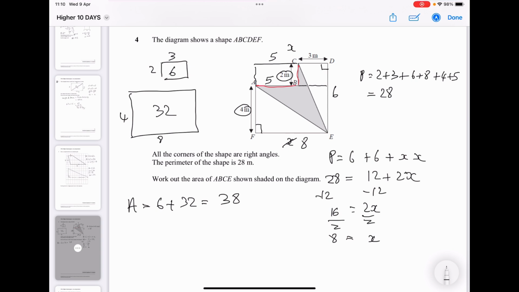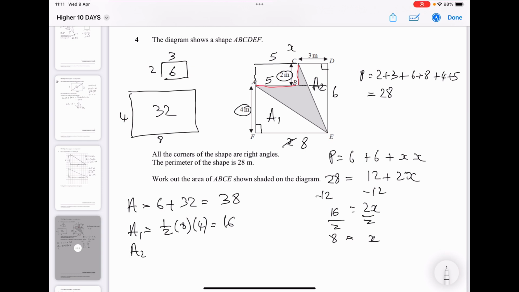Now I need to just look at the two triangles. I'm going to call this area 1 and this one area 2. Area 1 is base times height, a half times 8 times 4. 8 fours are 32, half of that is 16.